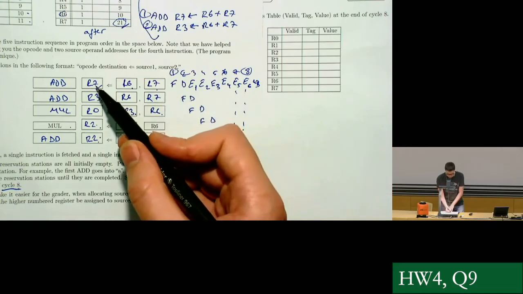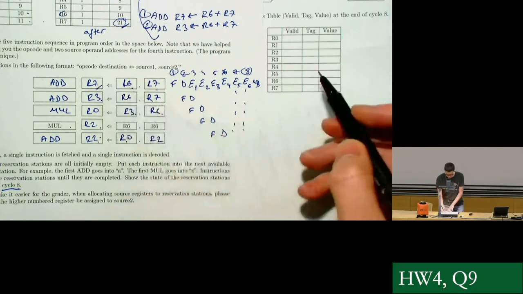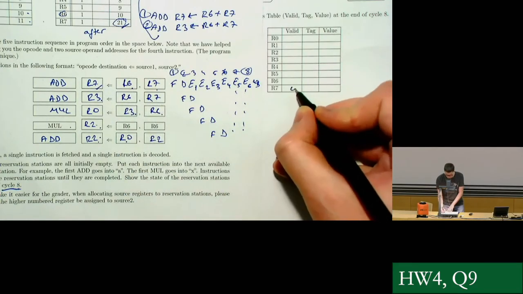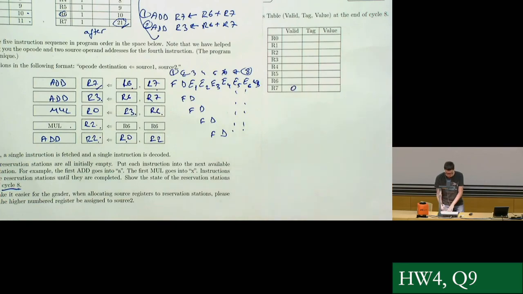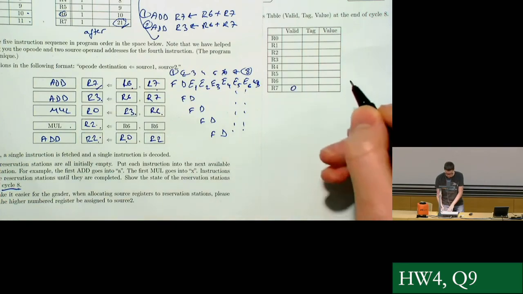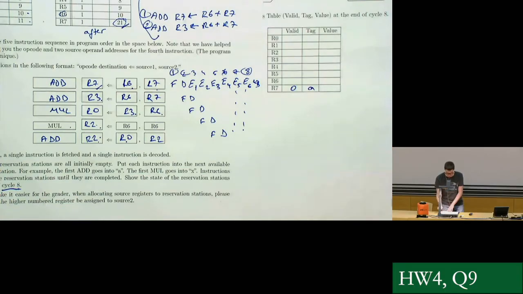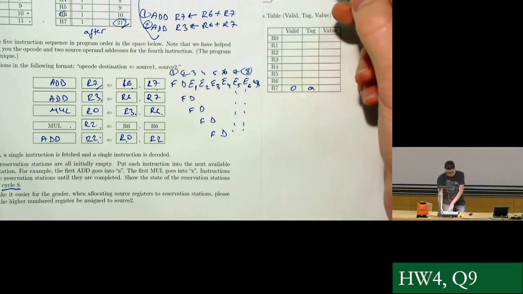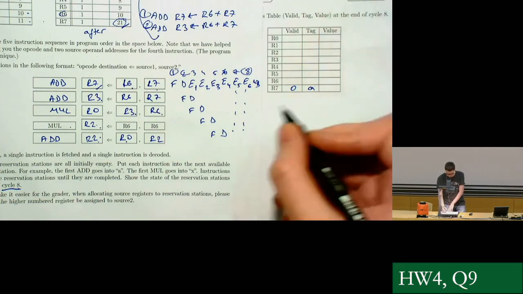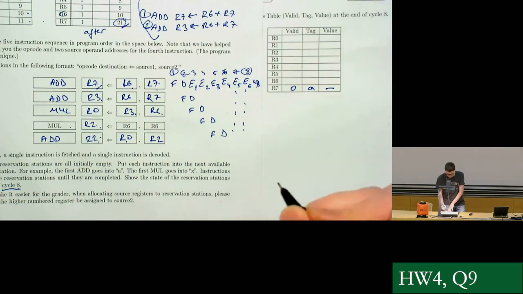So basically for R7, we are updating R7 here, right? We will have valid set to 0, and the result will come from A, right? Because this is the reservation station entry we allocated for the first instruction, and we don't have the value.